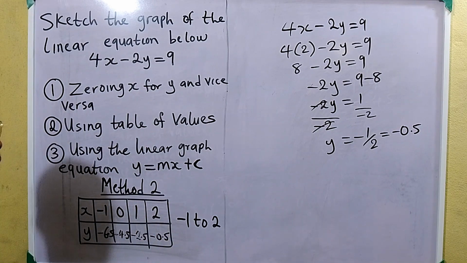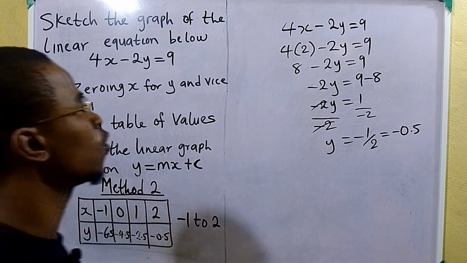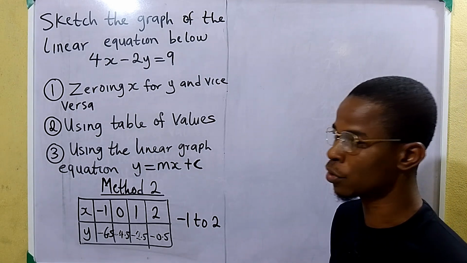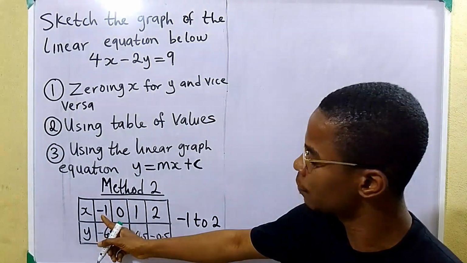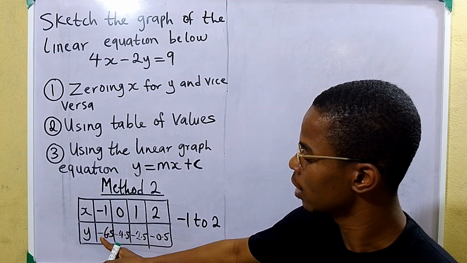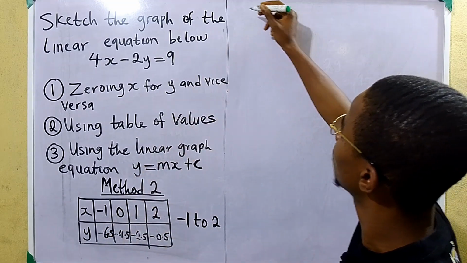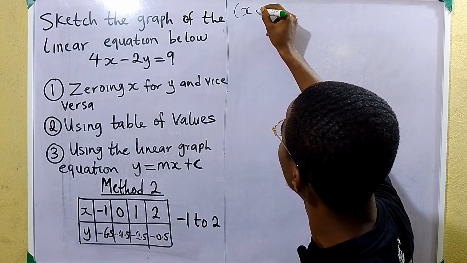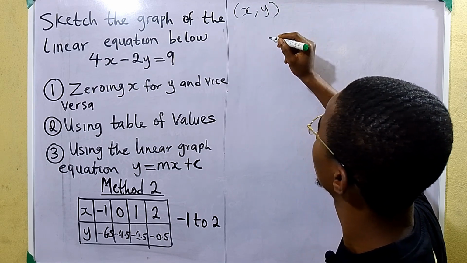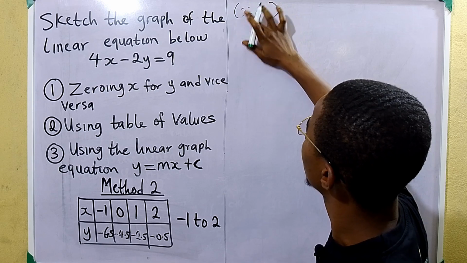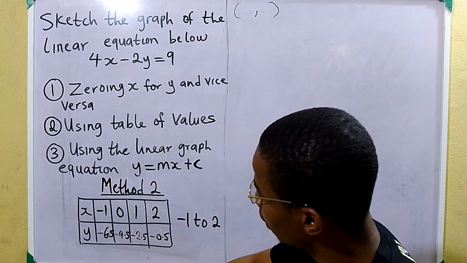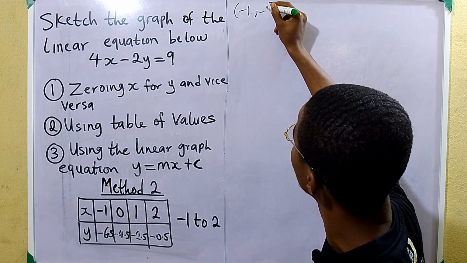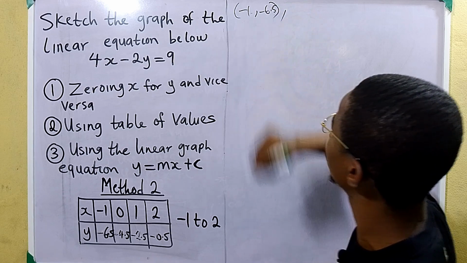Now with our table complete, we can go over to plot our graph. Now please take note, for the first value of x, there is a corresponding y. That means that gives us a point. We have this x and y for each point. So for our first point here, x is -1, our y is minus 6.5.